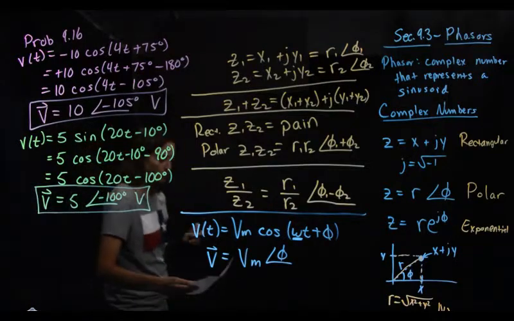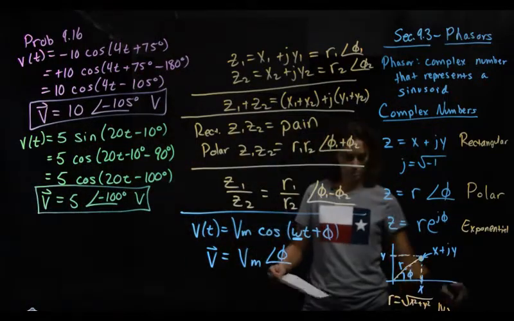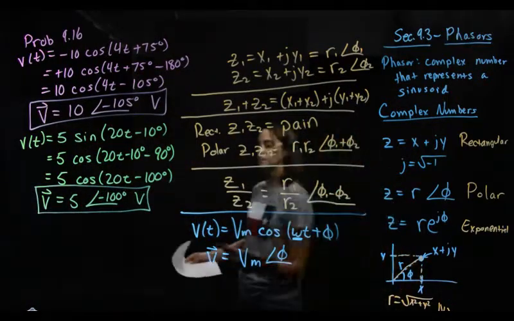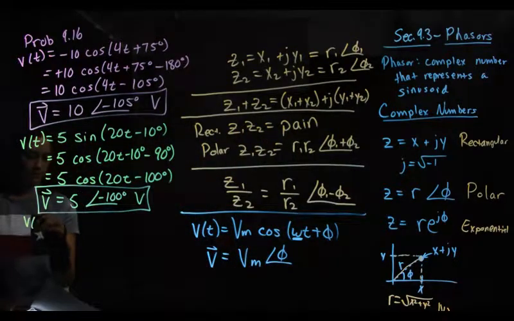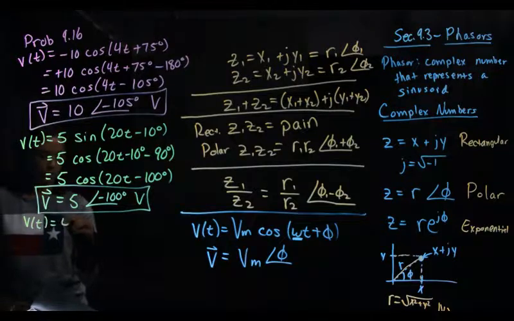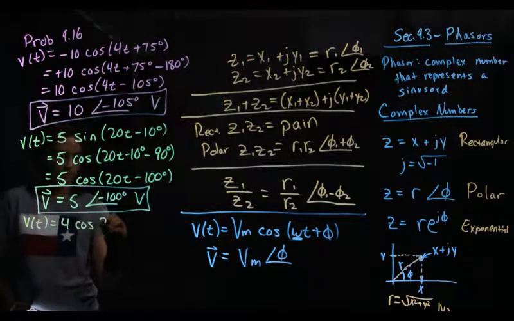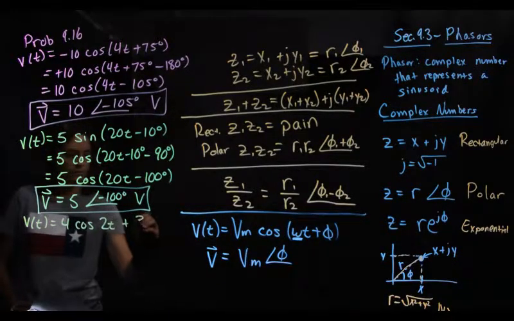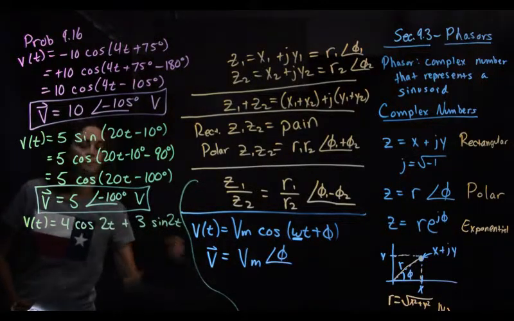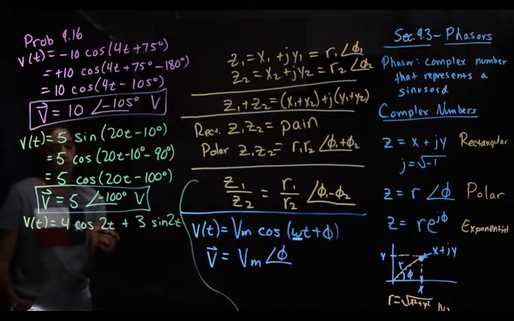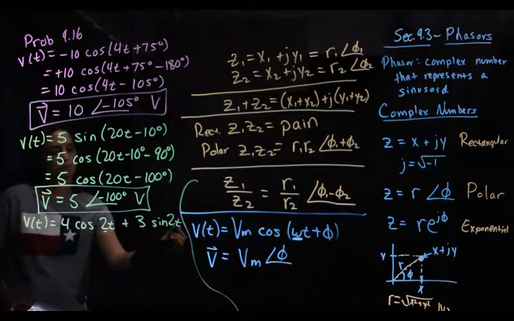So we'll go ahead and look at one more real quick, in yellow, I guess. V of t equals 4 cosine 2t plus 3 sine 2t. So I have the same omegas, 2t and 2t.